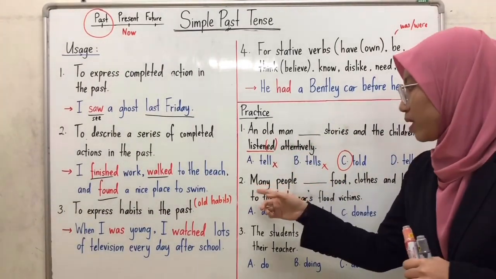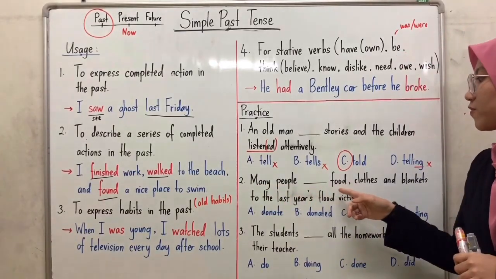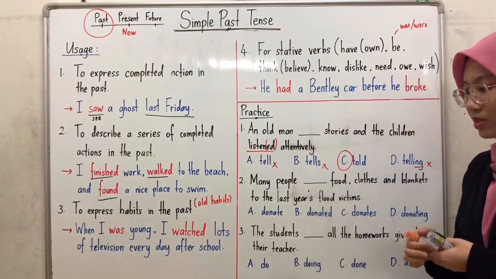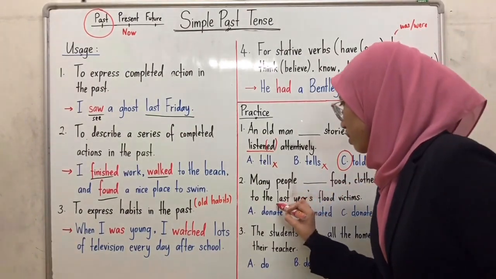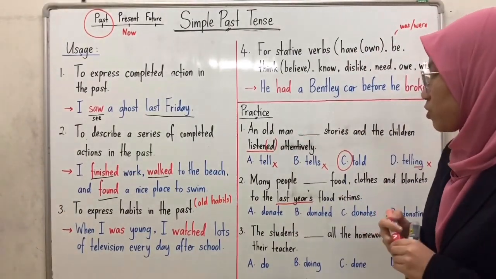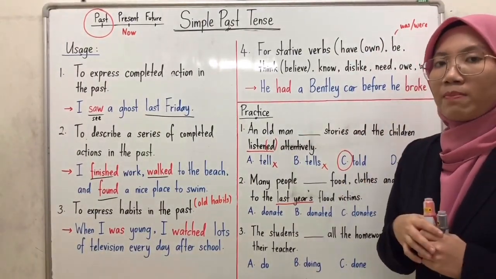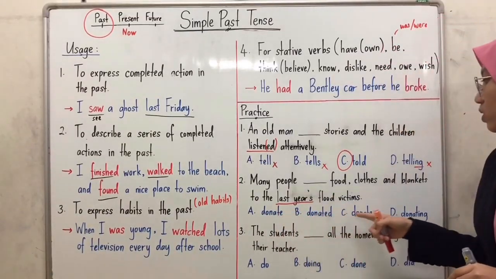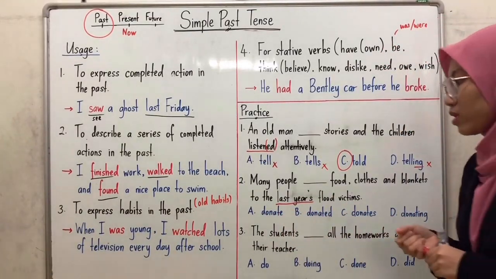Number 2. Many people blank food, clothes, and blankets to the last year's flood victims. The words last year show actions in the past, so we need to choose another past tense verb. A, donate, B, donated, C, donates, D, donating.